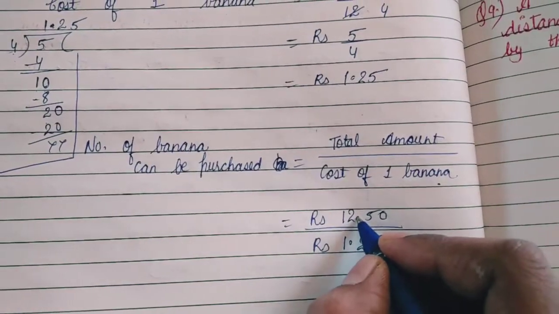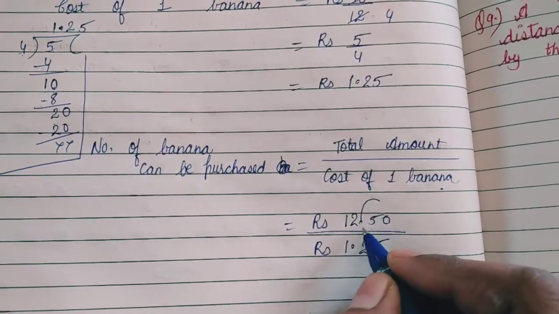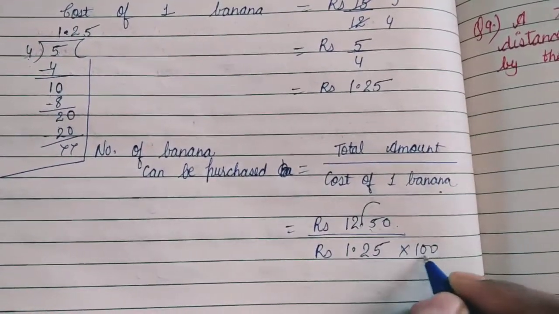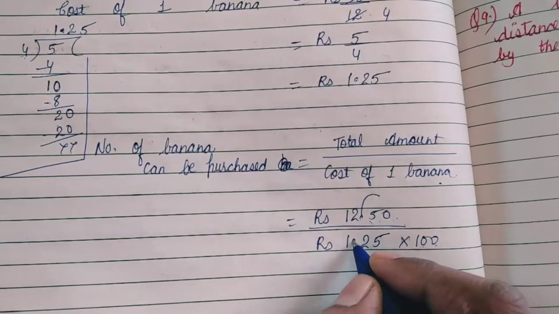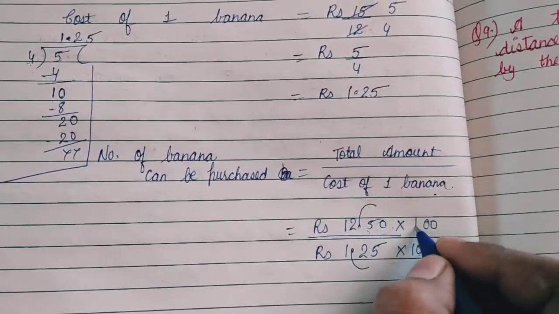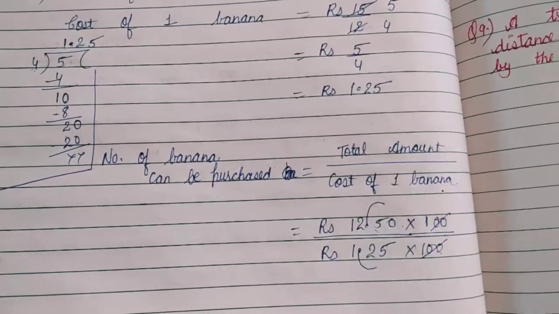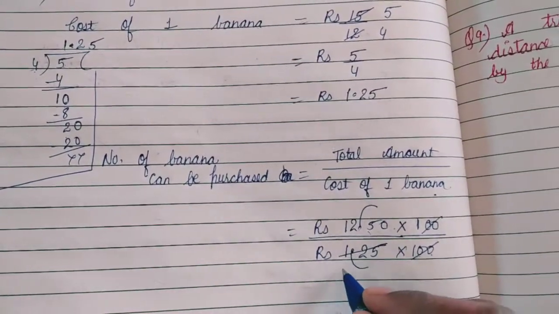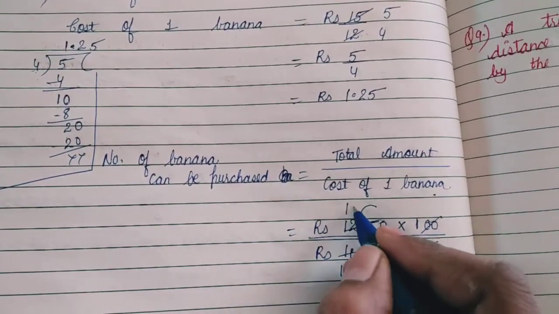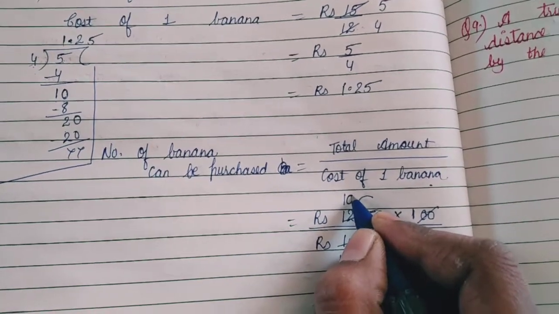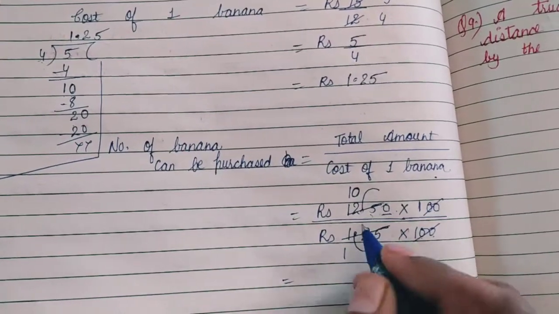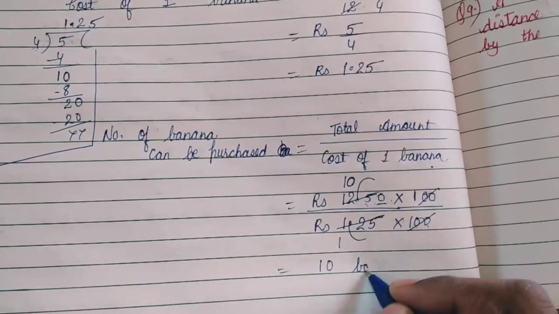When we remove the decimal from the upper number, after the decimal we have 2 digits, it means 100 will come because 100 has 2 zeros. And when we remove the decimal from here, again we put 2 zeros with 1. So 100 to 100 cut, and 125 1 is 125, 125 is 125, still 1 zero is remaining. So in place of this zero we put 10. It means in rupees 12.50 we can purchase 10 bananas.